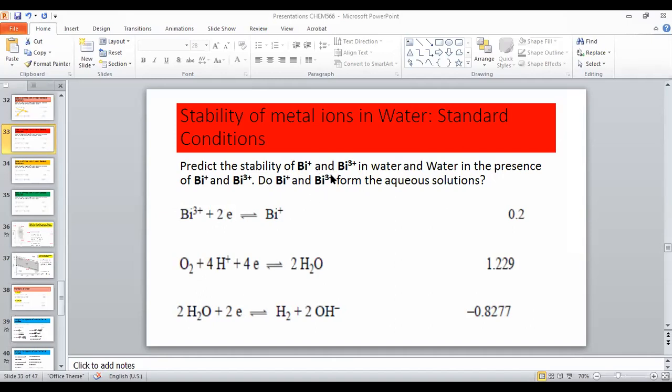So you can take this as an example and solve the stability of the bismuth plus 3 and bismuth plus 1. Again, you have to compare with this, and this you have to compare with this water. Calculate the cell potential. If it is positive, that means it is unstable. If it is negative, it is stable. So this is your exercise.